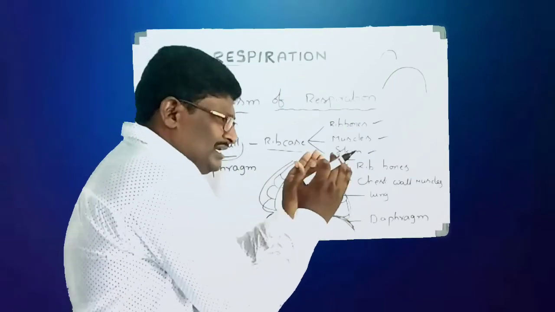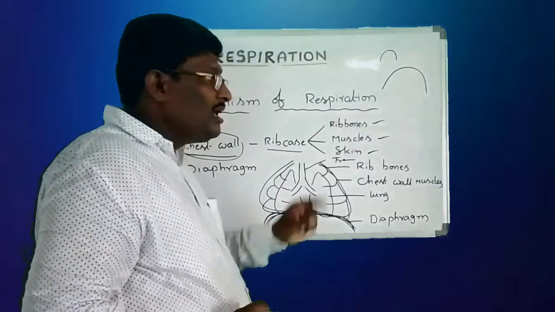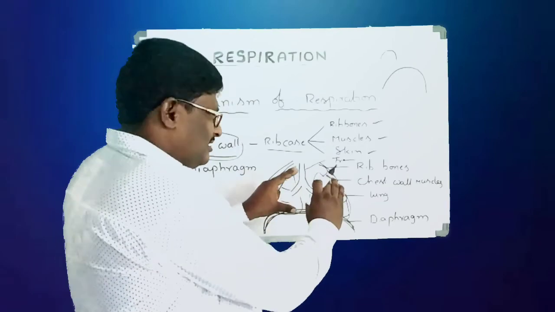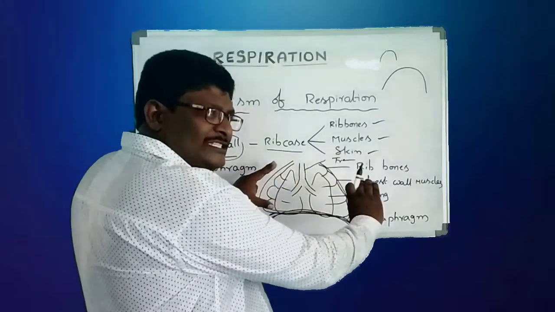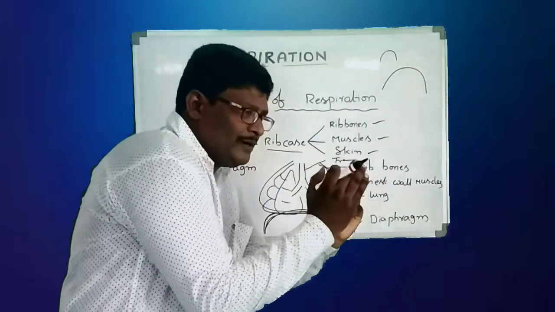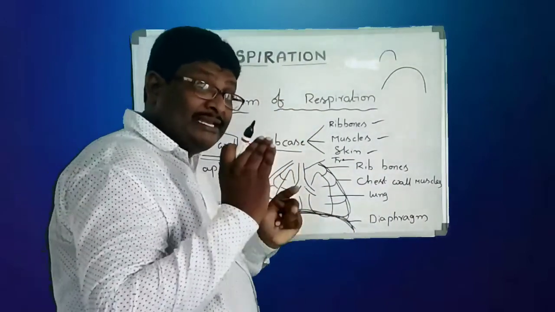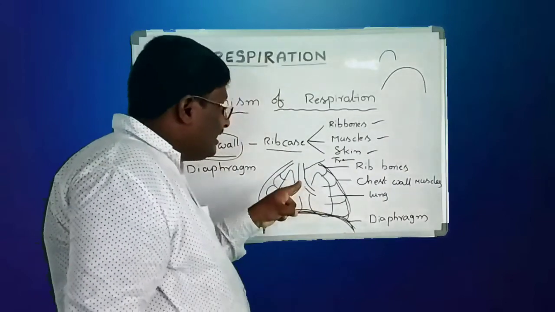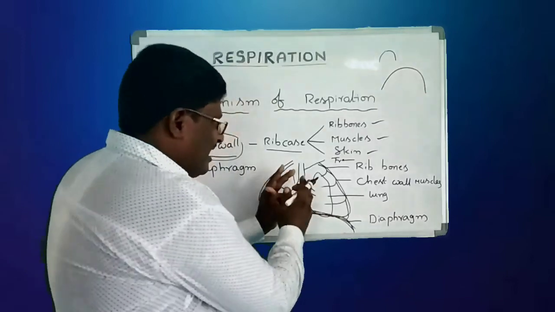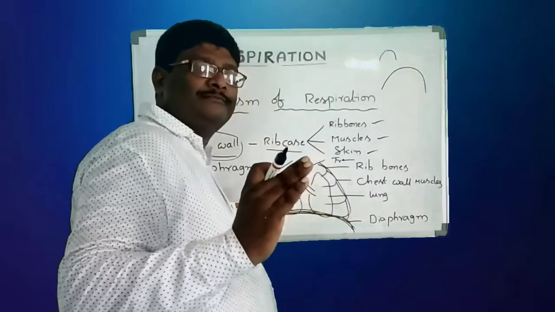The air concentration inside is very low compared with the outside. So when the chest cavity or lungs expand, the concentration of the air becomes less compared with the outside. The outside air concentration is higher than the concentration inside the lungs, because when we inhale, the lungs expand.